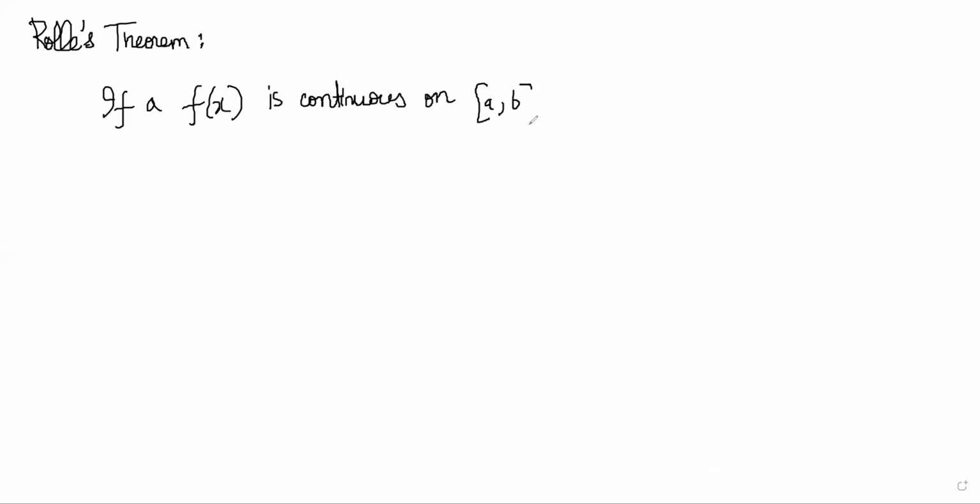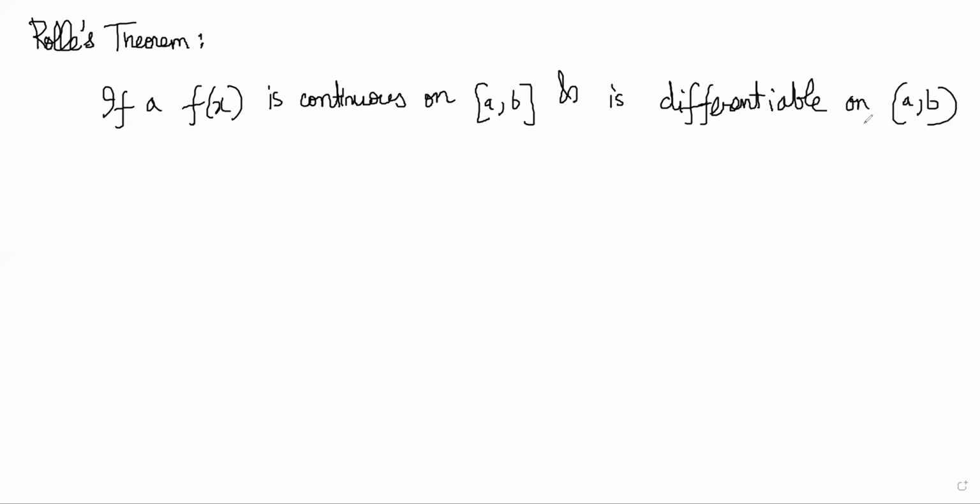Rolle's theorem basically says that if a function f of x is continuous on an interval a to b and is differentiable in the interior of that interval, differentiable on a to b like this, not on the endpoints.